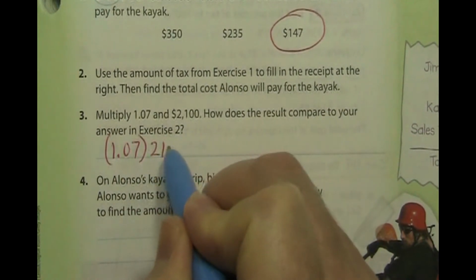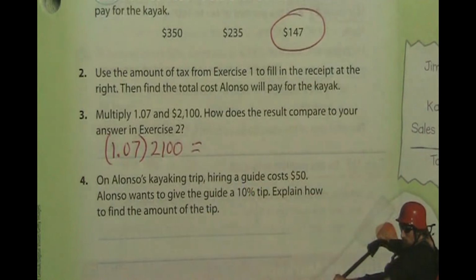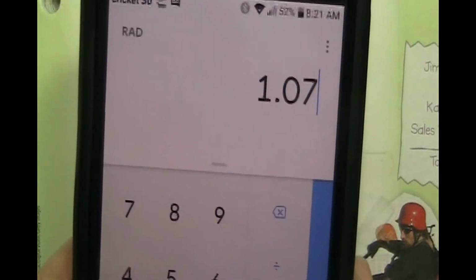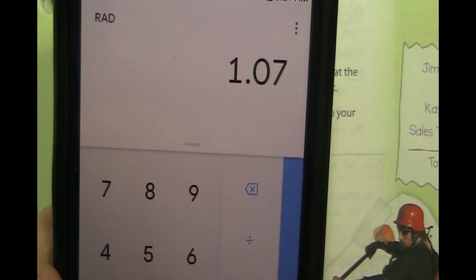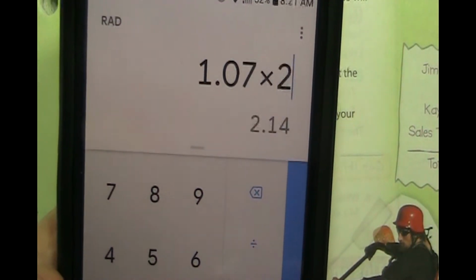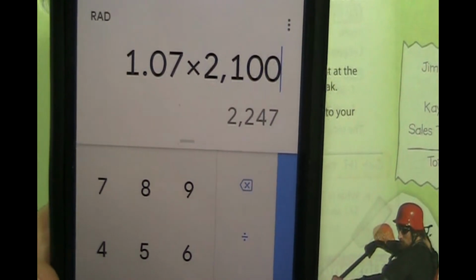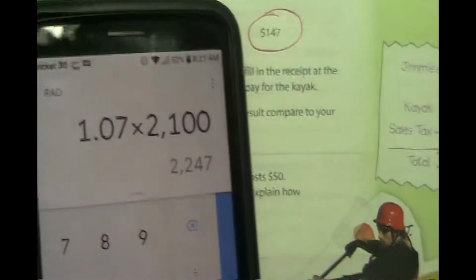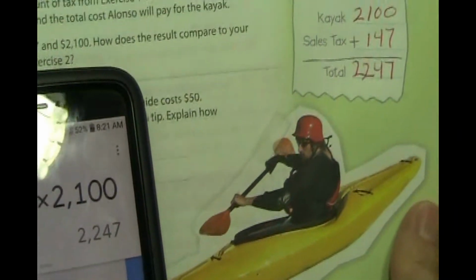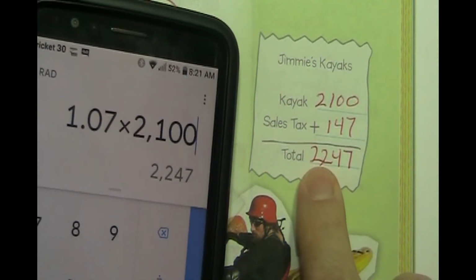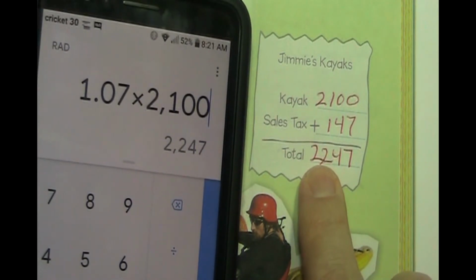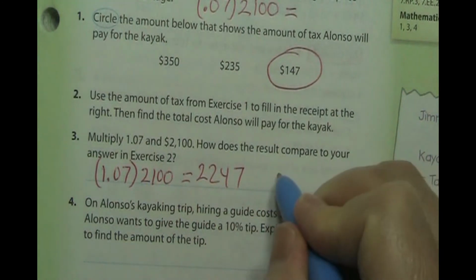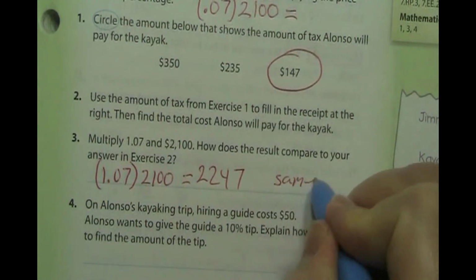If we use a calculator, 1.07 times 2,100, and look, I get 2,247. That's the same answer that we got in our answer, 2,247. So I'm just going to say it's the same.